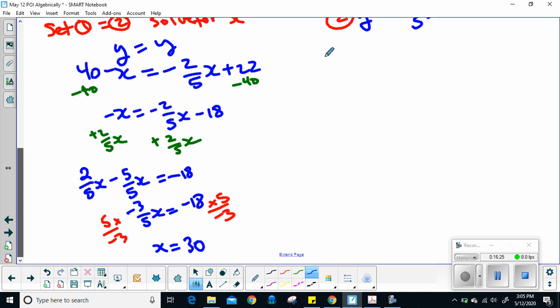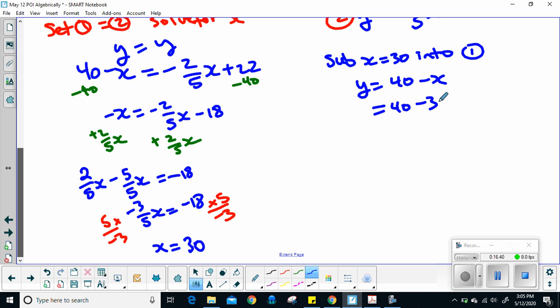So now we're going to sub x equals 30 into one of the equations. Let's sub it in equation 1 because that's my smaller one. So that was y equals 40 minus x. 40 minus 30, 10. Therefore, 30, whatever the first thing was. What's the first thing?